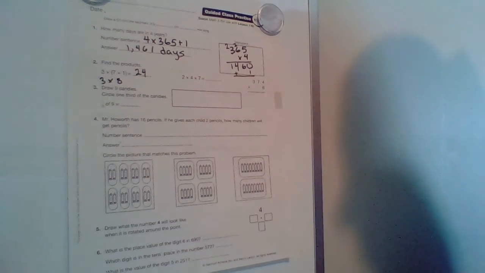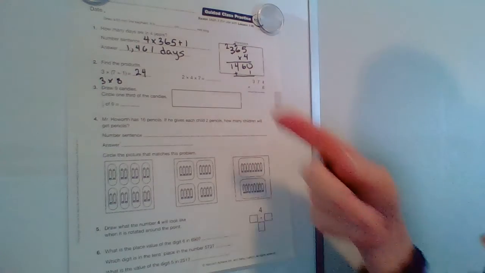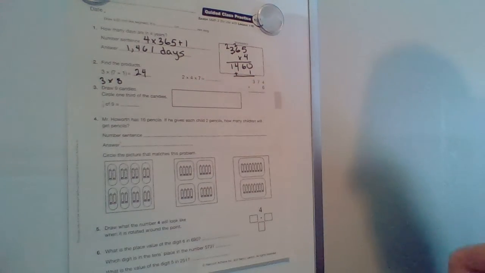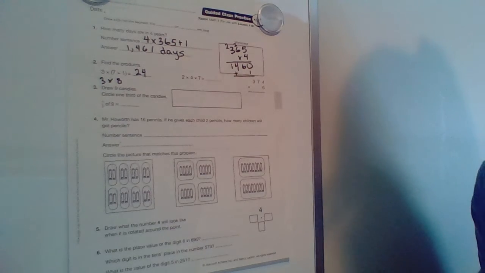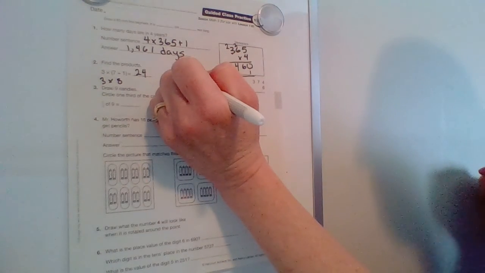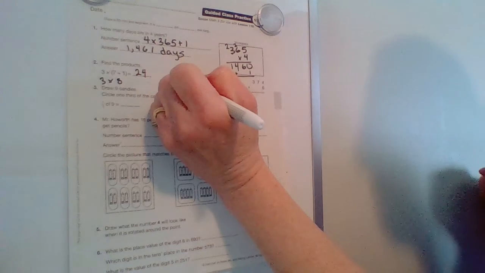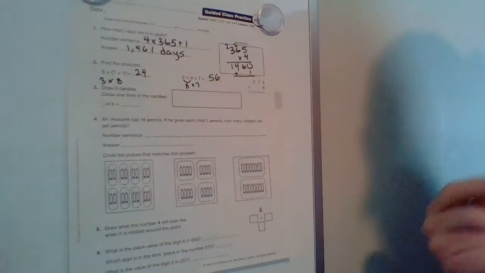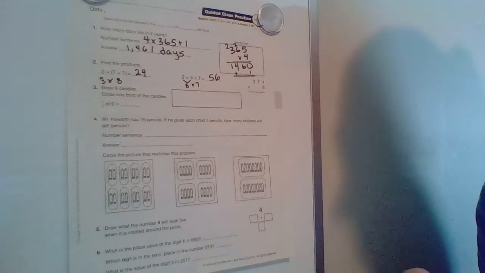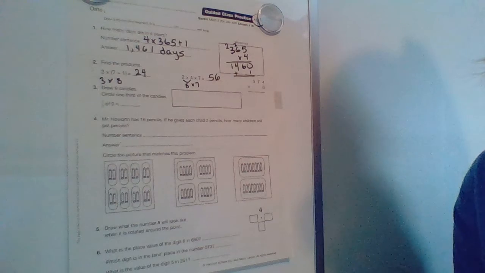It doesn't matter where you start. You can start with 2 times 4, or you can start with 4 times 7. I'm going to start with 2 times 4, and that is 8. Then 8 times 7 is 56. But you can start with 7 times 4. You should get the same answer because it's all multiplication.